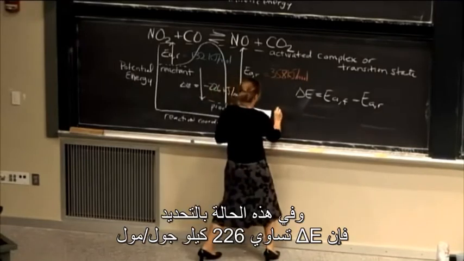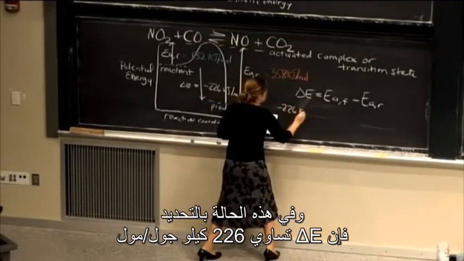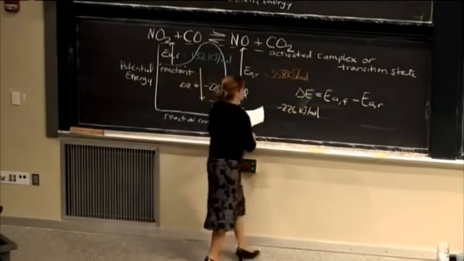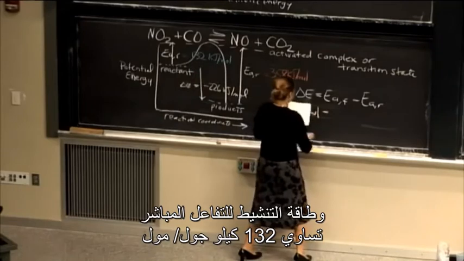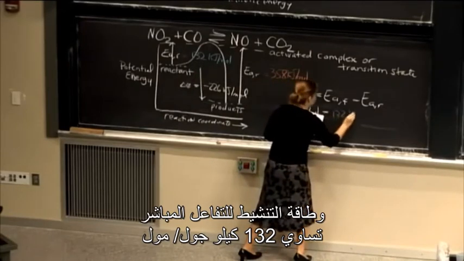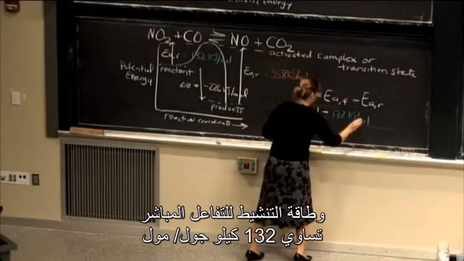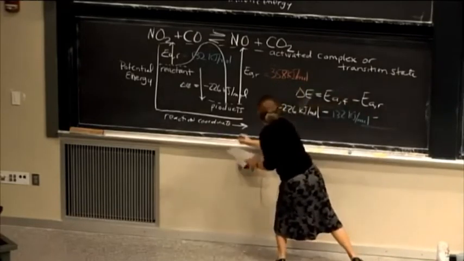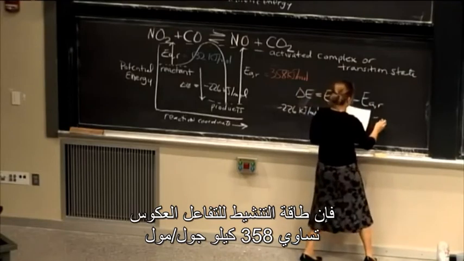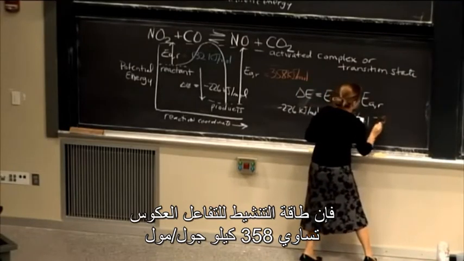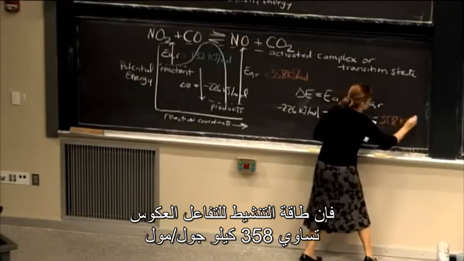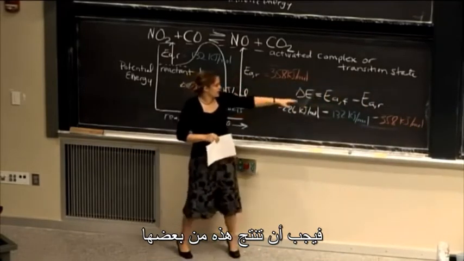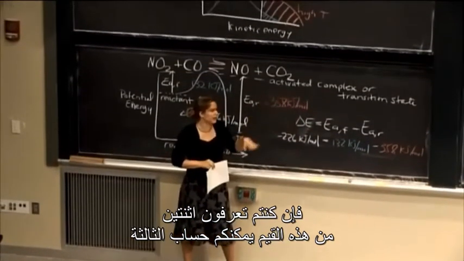In this particular case, we have 226 kilojoules per mole is our delta E, for our forward reaction we have 132 kilojoules per mole, and for the reverse reaction the activation energy is 358 kilojoules per mole. And so these should all add up to each other. If you know 2 of these values, you can calculate the third.